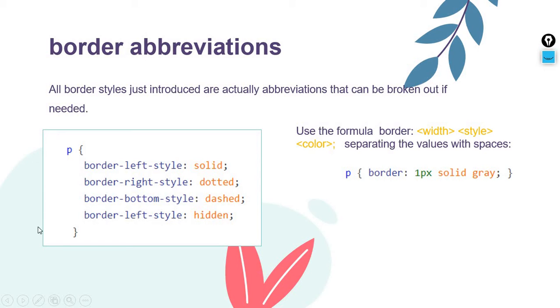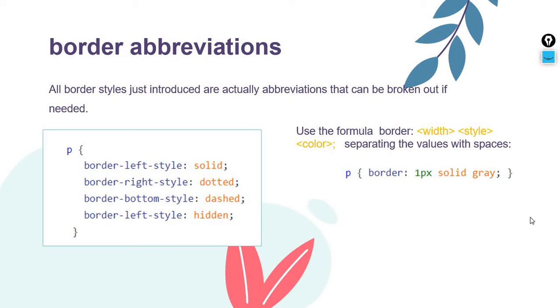So here is an example of how we use border styles. And this same thing can be done with border width and border color.